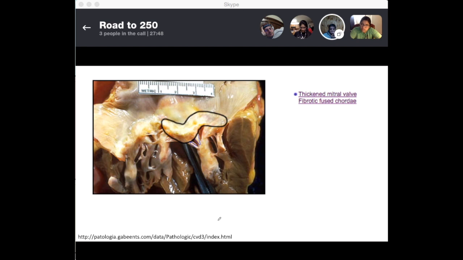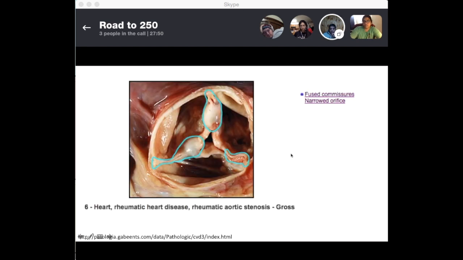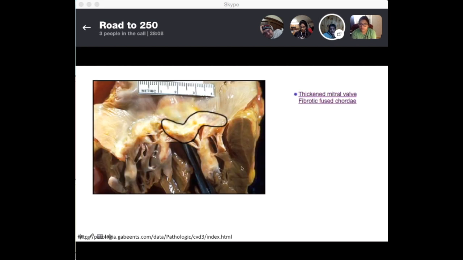Again, I got it from the same website. And the fused commissures would be right here, and they kind of look like a fish mouth, if you break it down. And you have a narrowed orifice in the center. And that's usually what you would see in aortic stenosis. Well, this one is basically mitral stenosis.